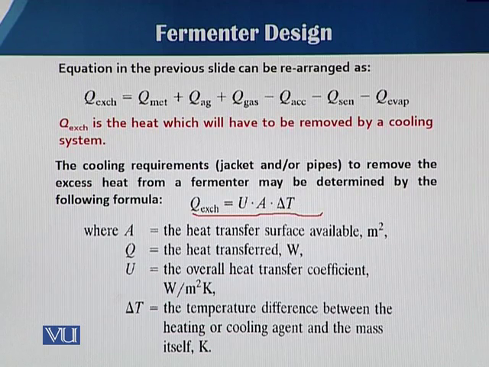Q is the heat transferred, U is the overall heat transfer coefficient, and delta T is the difference of temperature. In a later slide I will tell you how we can have the change in temperature. If we sterilize the system at 121 degrees Celsius, then we have to reduce the temperature to 30 degrees Celsius. So delta T is the difference between 121 degrees Celsius and 30 degrees Celsius.